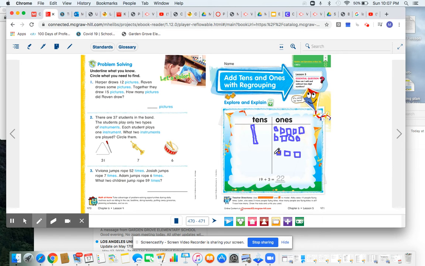So I'm going to count this again, and I'm going to group them. If I have a group of 10 in the ones place, I send them to the tens place. So let's go ahead and count. 1, 2, 3, 4, 5, 6, 7, 8, 9, 10. This is my group of 10. So this group of 10 is going to be here because that is my group of 10. And I now have 2 ones.